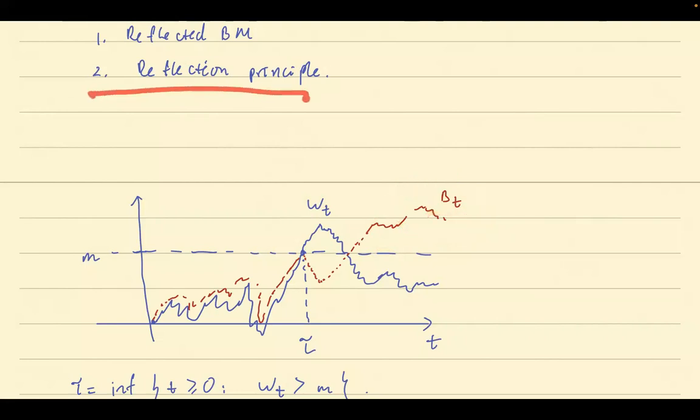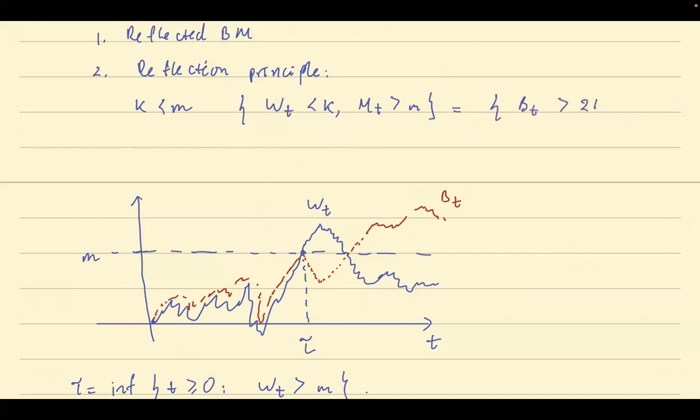That's the reflection principle. And the reflection principle, let me tell you, is this. The reflection principle is just an equality. It says that these two events are the same. For k less than m, these are two numbers, the event that Wt is less than k and Mt bigger than m is equal to the event that Bt is bigger than 2k minus m.